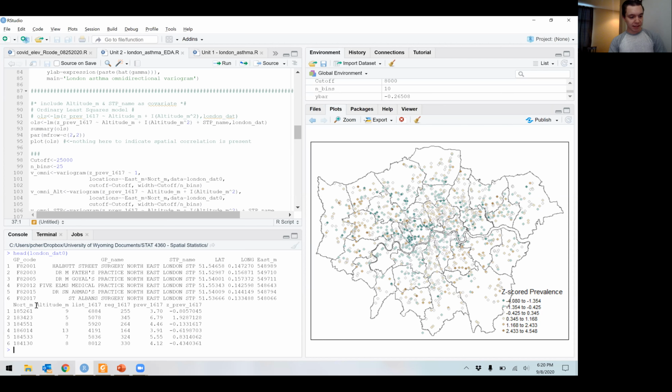the elevation, the altitude of that doctor's office in meters. 9 meters, 5 meters, here is a 13-meter elevation. I also have the region name that the doctor belongs to. It's called STP name: Northeast London, North Central London, Southeast London, and so on.